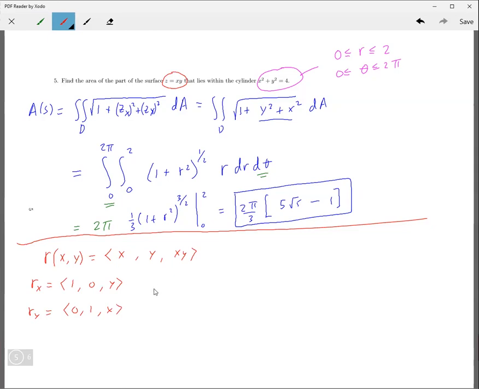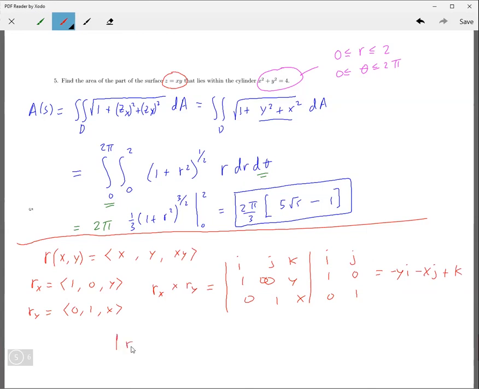And if you take the cross product, r_x cross r_y, you get negative y i minus x j plus k.